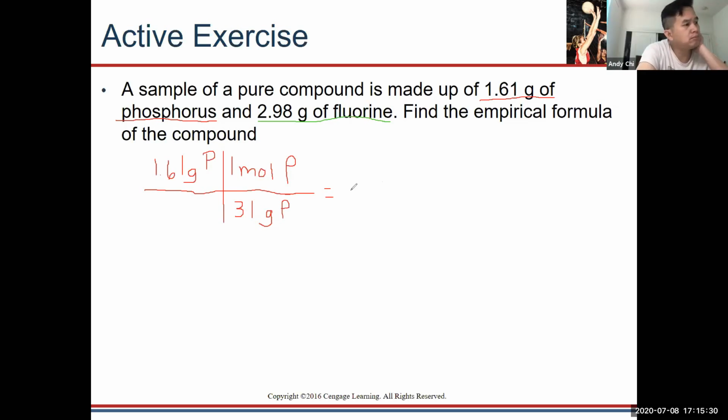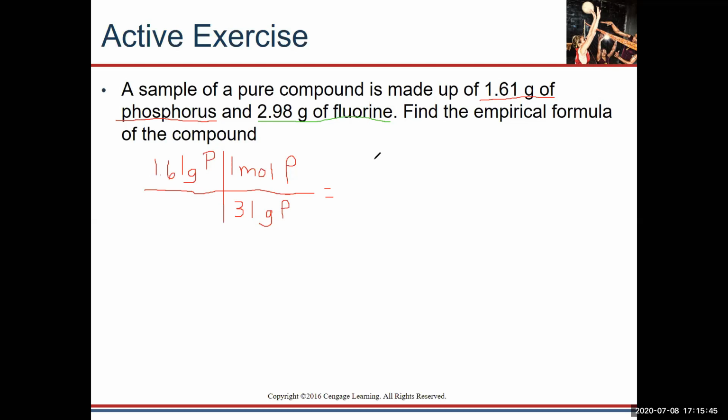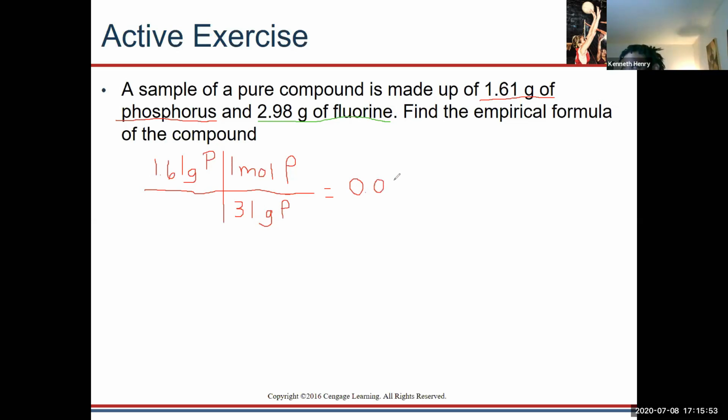So what did you guys get? It's going to be 0.05. How many sig figs should I have? 3.